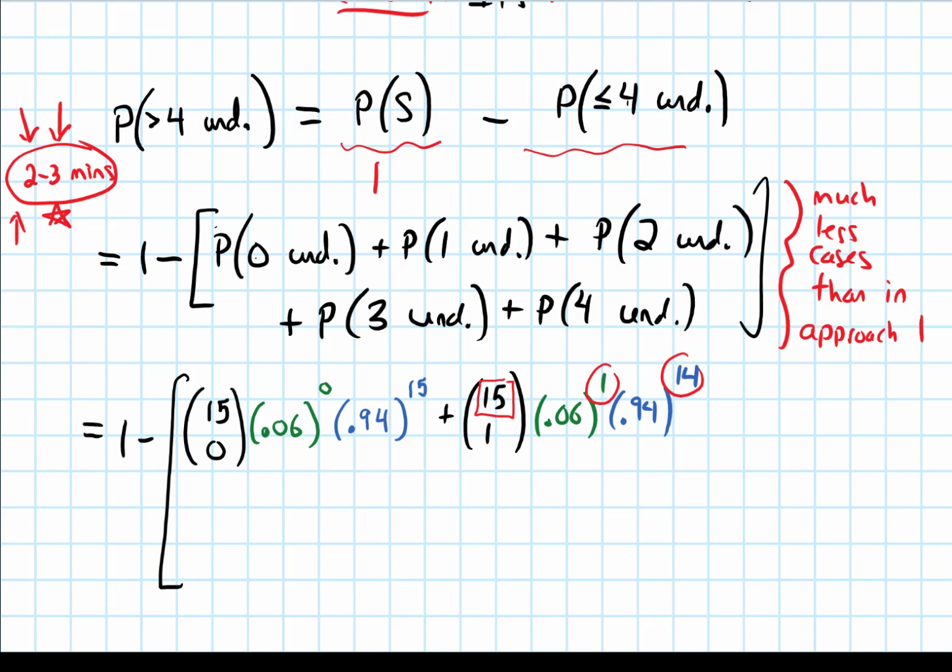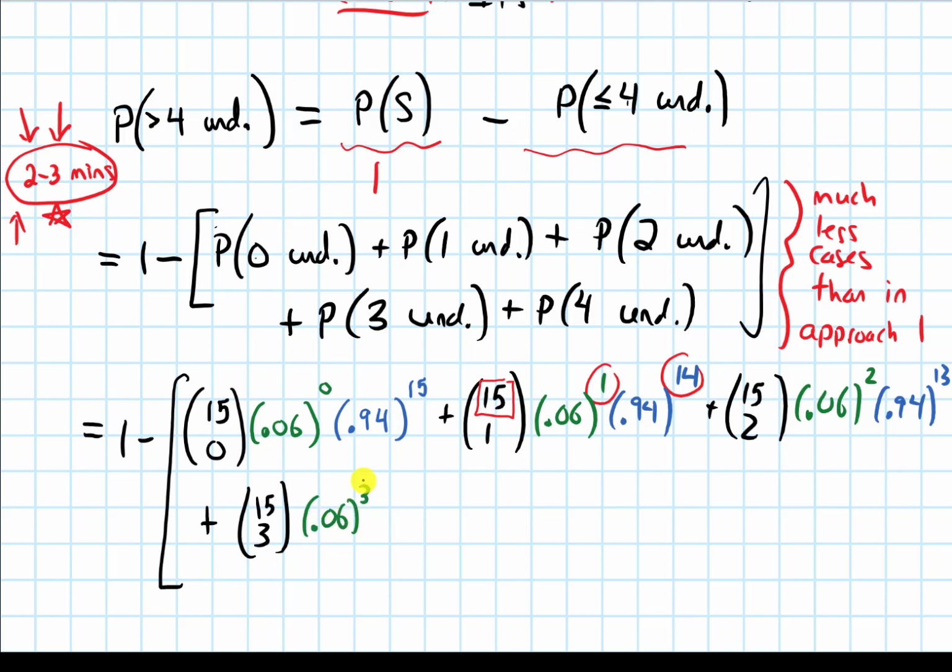All right, so if I continue in this way, I'm going to do the rest of these more quickly. For 2 undecided, it's going to be 15 choose 2 times 0.06 squared times 0.94 to the 13. All right, and then 3 undecided is going to be 15 choose 3 times 0.06 to the 3 times 0.94 to the 12.